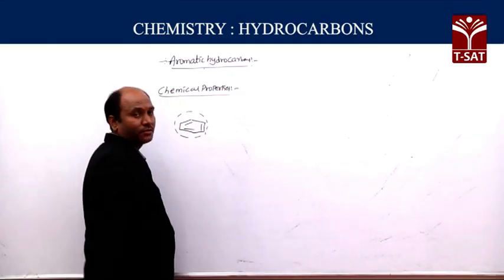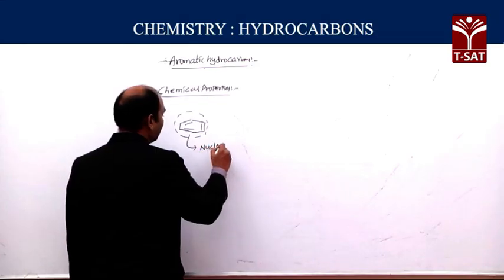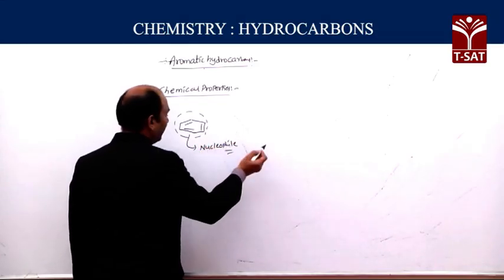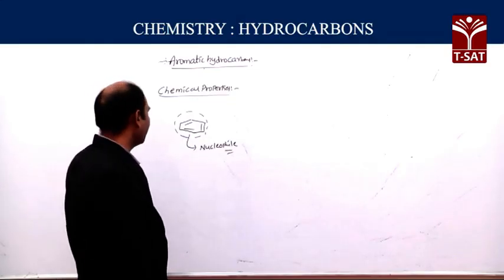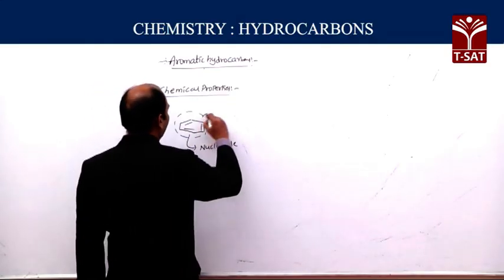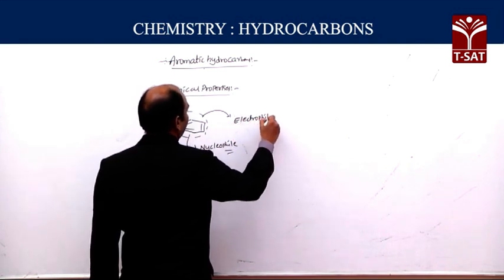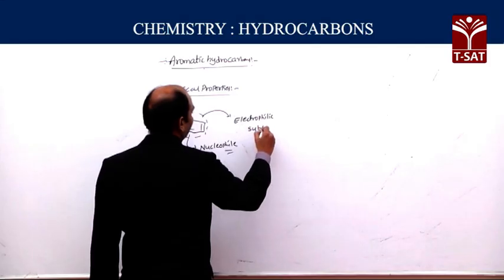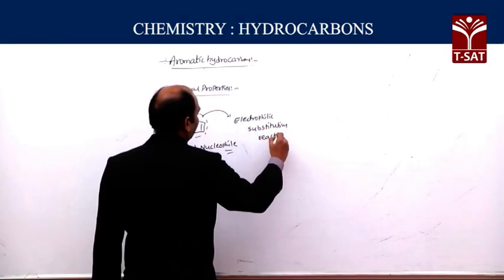Here electron density is more, therefore it itself acts as a nucleophile. Benzene, alkynes and alkenes all act as nucleophiles. Therefore it undergoes electrophilic substitution reactions.